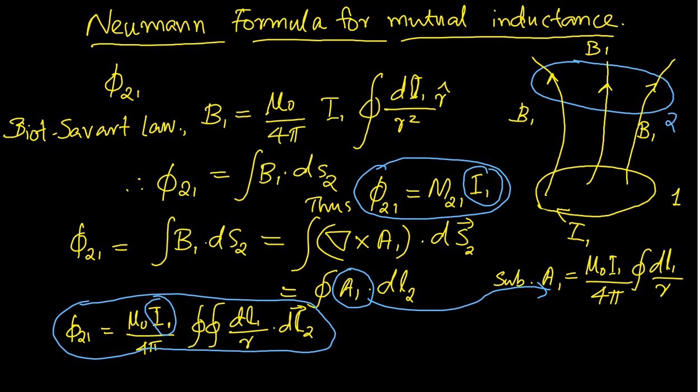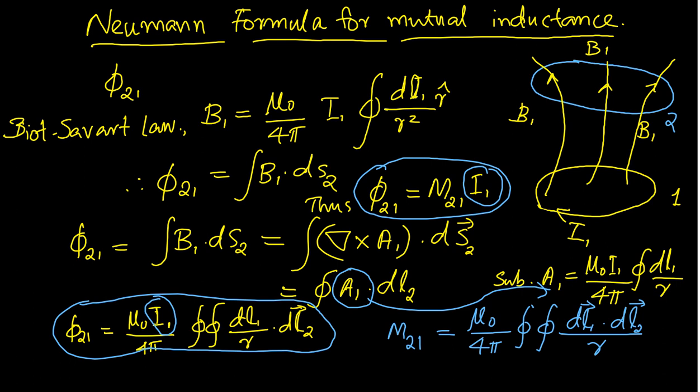Therefore, M21 is equal to mu 0 divided by 4 pi into double closed integral dl1 dot dl2 divided by r. This equation is known as Newman formula for mutual inductance.